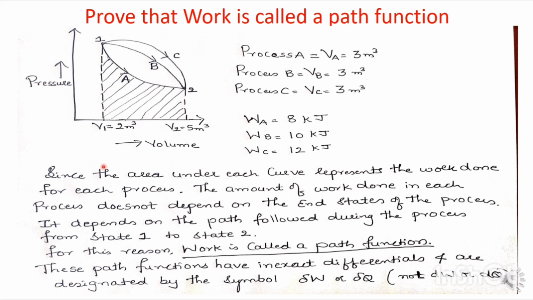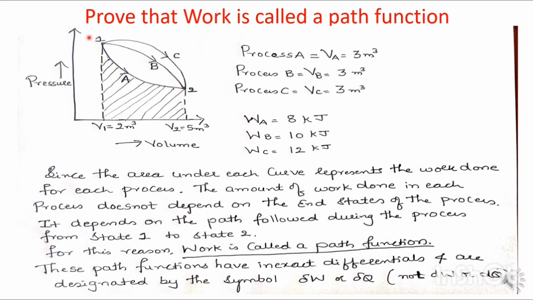So we can easily tell that the amount of work done in each process does not depend on the end states of the process, but it depends on the path followed during the process from state 1 to state 2. For this reason, work is called a path function.